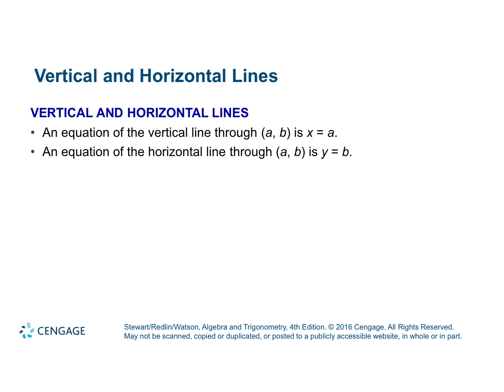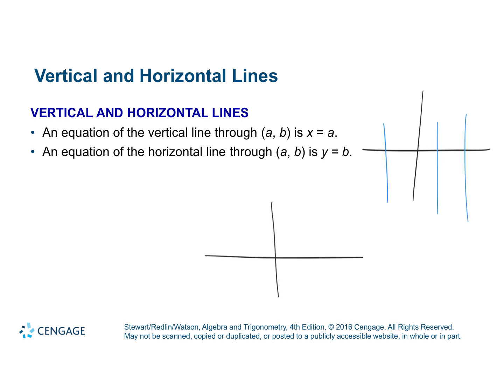We have a vertical and a horizontal line. Vertical lines are just lines that are vertical anywhere on the graph. And then we have the horizontal lines that are just horizontal anywhere on the graph. Now, a vertical line is going to be written as x is equal to a number. Why is it x is equal to a number?